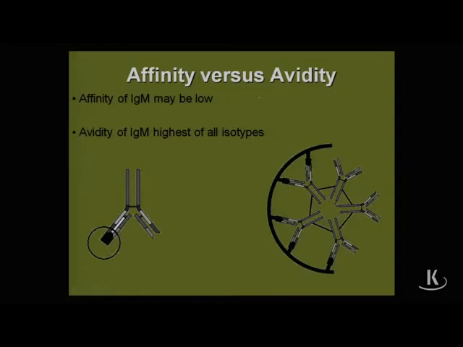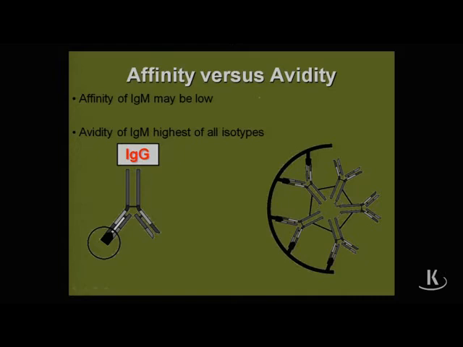Now, affinity is the interaction only between your antigen and your Fab region. And IgG generally has the highest affinity. When we talk about somatic hypermutation and affinity maturation, we'll get into why IgG has the highest affinity.